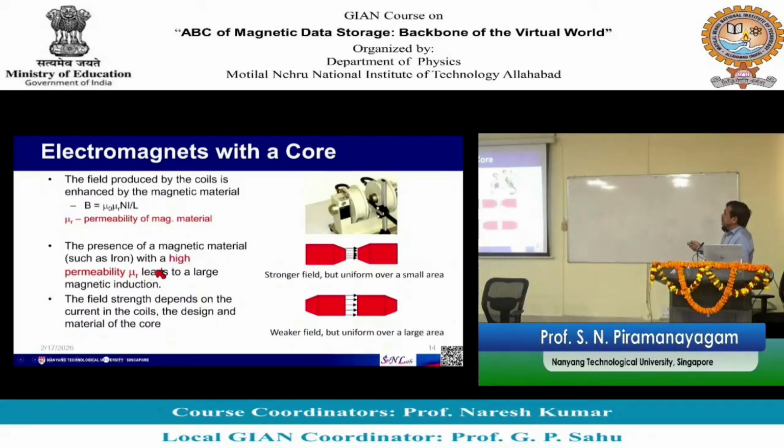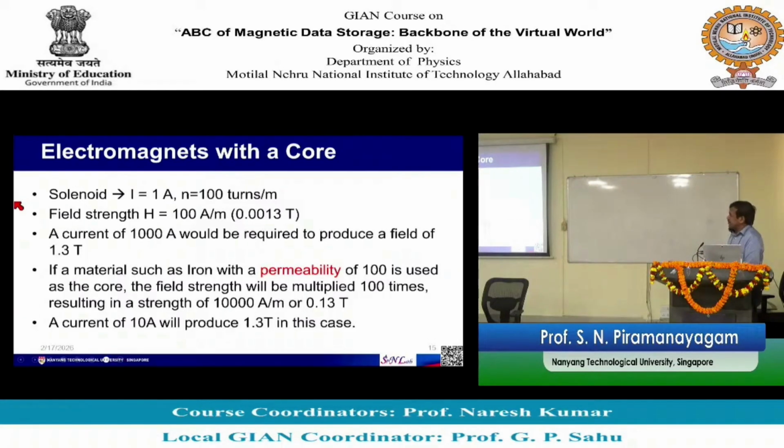Here you can see that there is a gray colored metallic thing. That is a magnetic material with a high permeability. Once you insert that, you will be able to amplify the magnetic field. That is the concept of electromagnets with a ferromagnetic core.